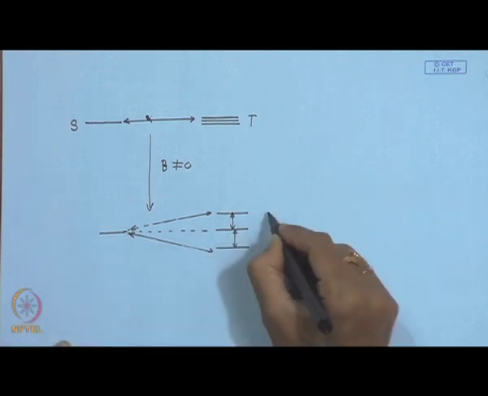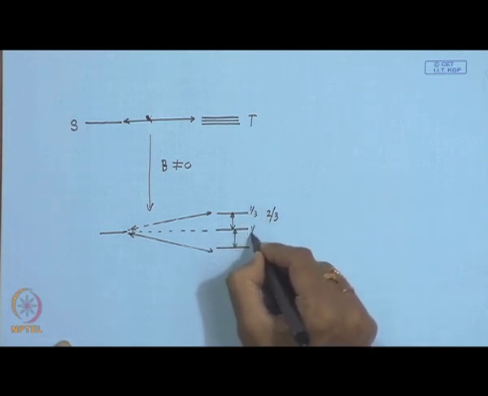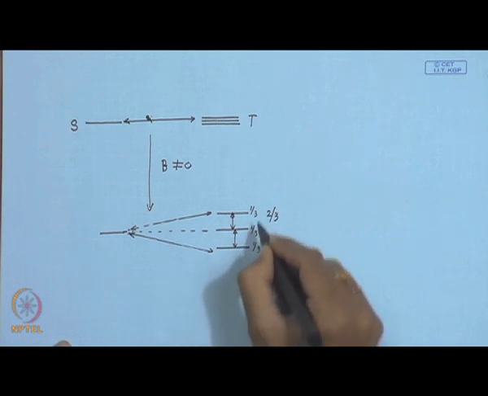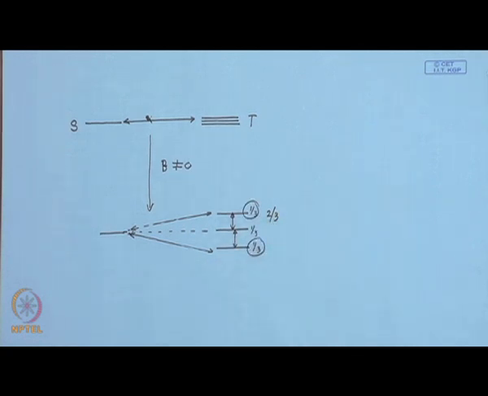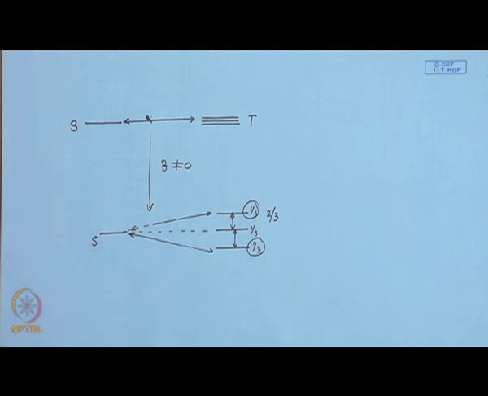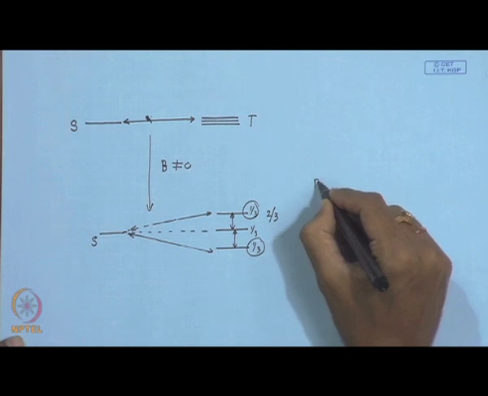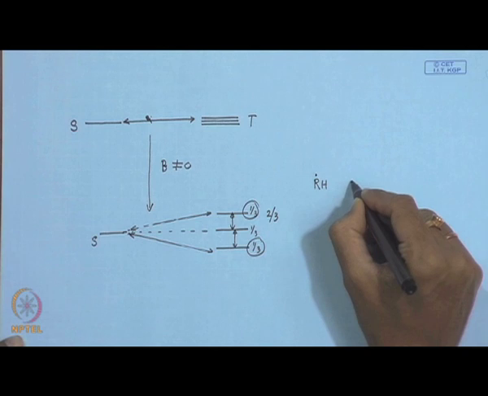So, this is 1/3, this is 1/3, this is 1/3. So, these two, 2/3 of the total triplet population, cannot now get converted to singlet. So, they will not recombine. Recombine means, say, R H, say, dot plus another R dot.